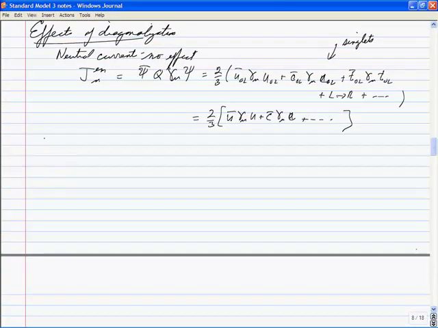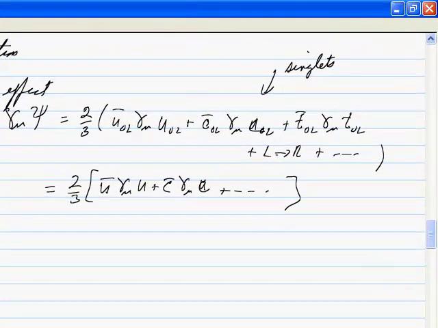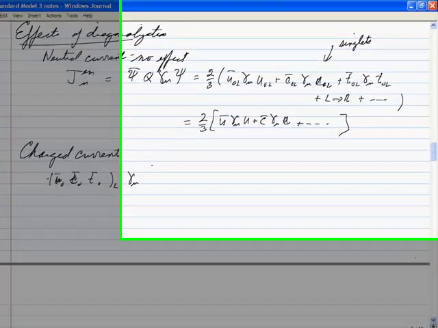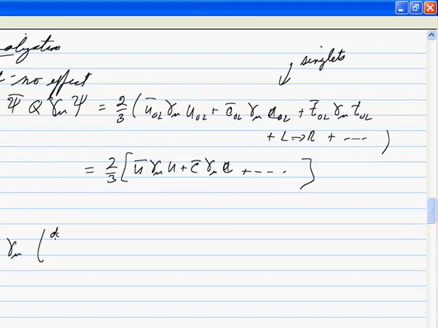The charged currents, of course, have this: if I have the charged W coupling to U bar 0, C bar 0, T bar 0, coupled up to, these are left-handed currents, gamma mu D0, S0, B0.